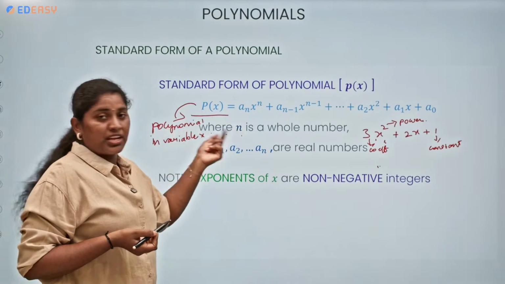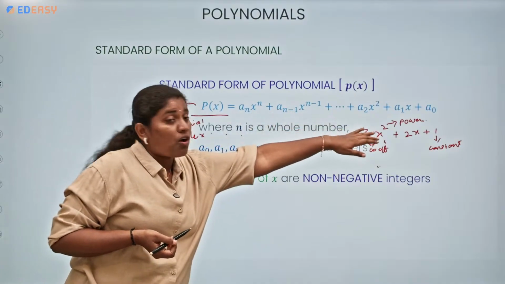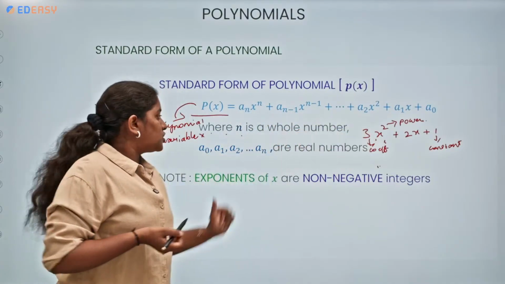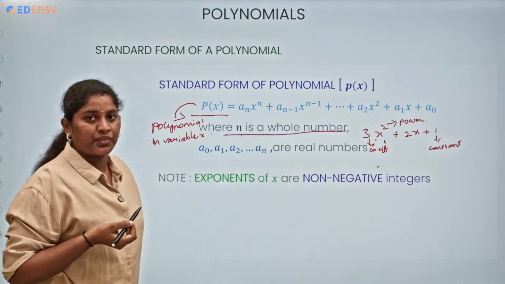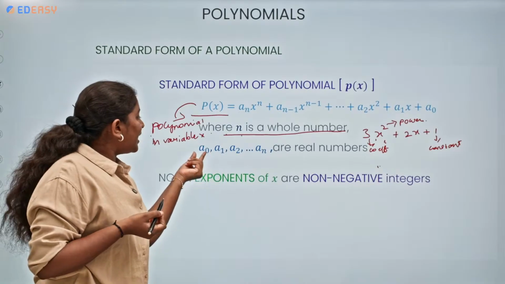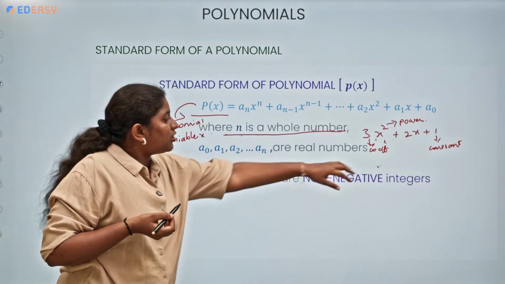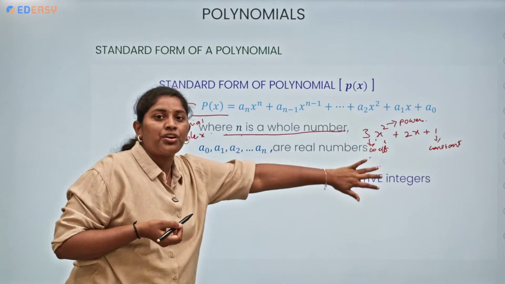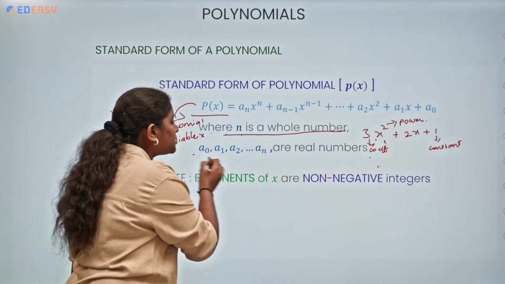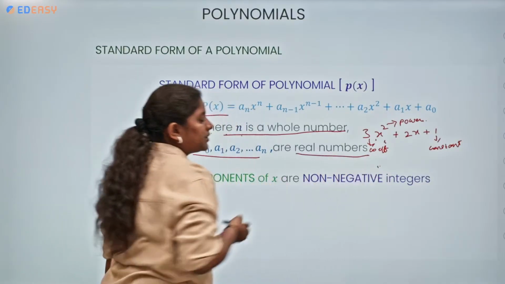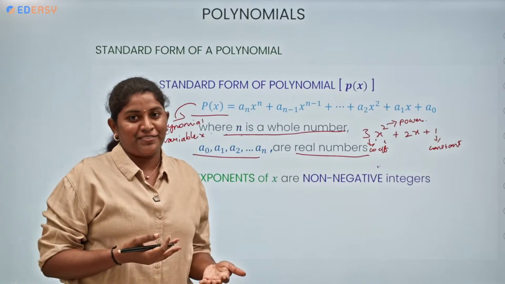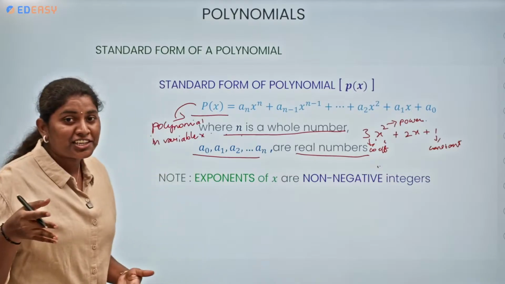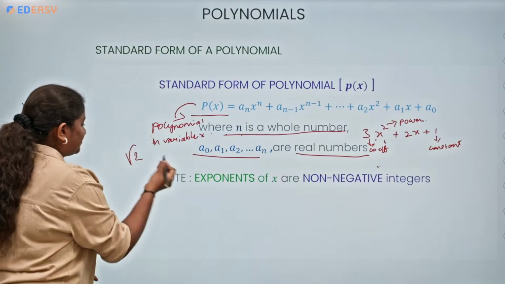Now this is just a general form to represent a polynomial, and we are having a condition for the power. I told you that n is the power or exponent of our variable. So what will n be? n is a whole number. And a0, a1, a2, all these are your coefficients, and coefficients can be any real numbers. Real numbers means you can take rational or irrational. Sometimes you will be getting irrational numbers also, like root 2.